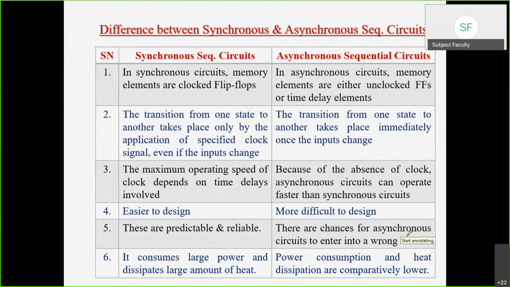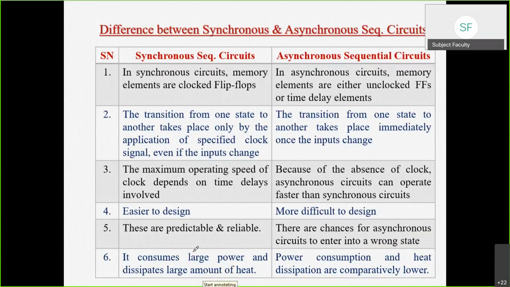Whereas in asynchronous sequential circuits, there are chances of the circuit entering the wrong state, since there is no synchronous behavior here.